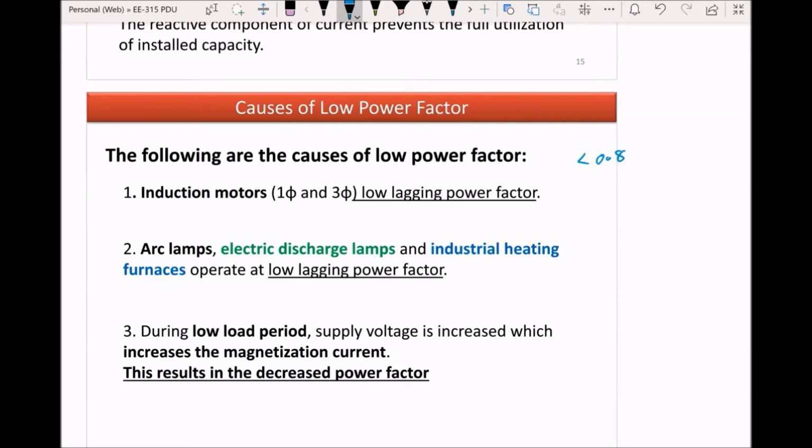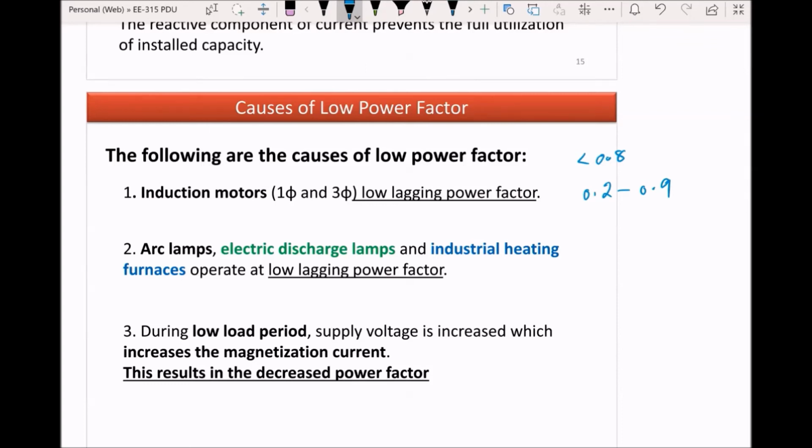The power factor of these motors depends on the loading on the machine, and could be between 0.2 and 0.9.